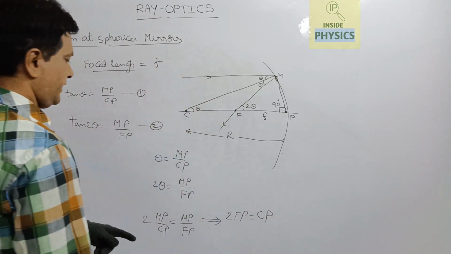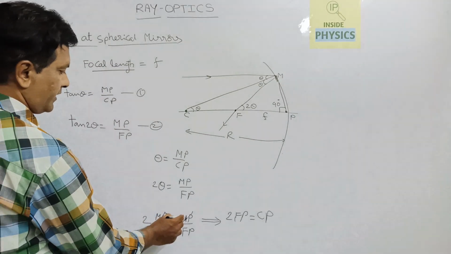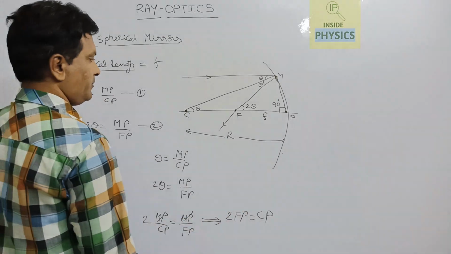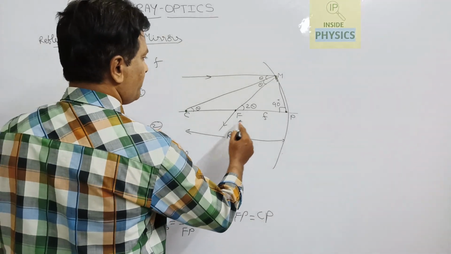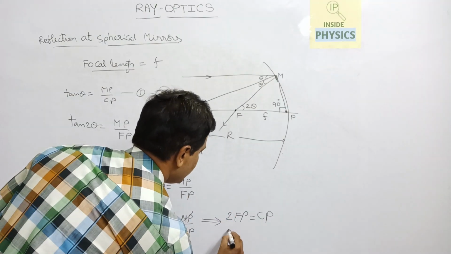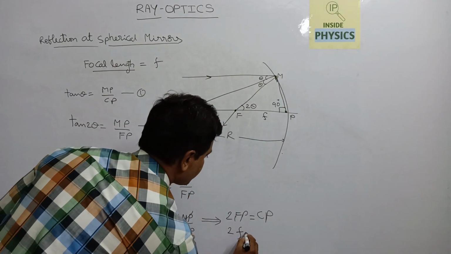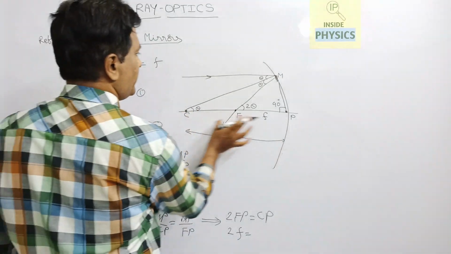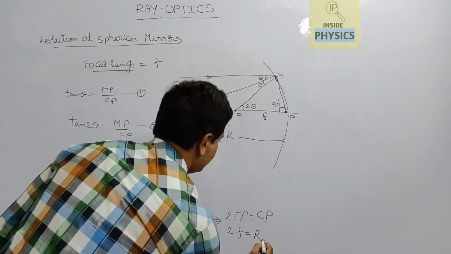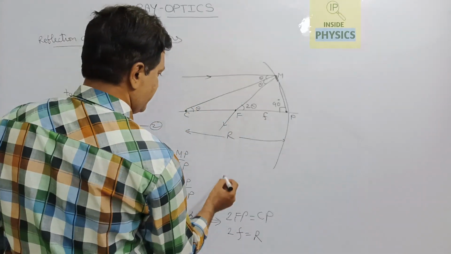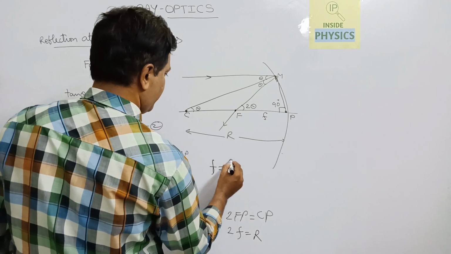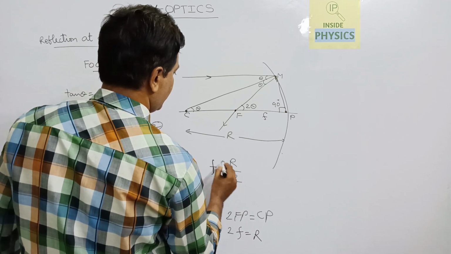FP is the focal length, so 2 into f is equal to CP, which is the radius of curvature R. That means f is equal to R by 2.